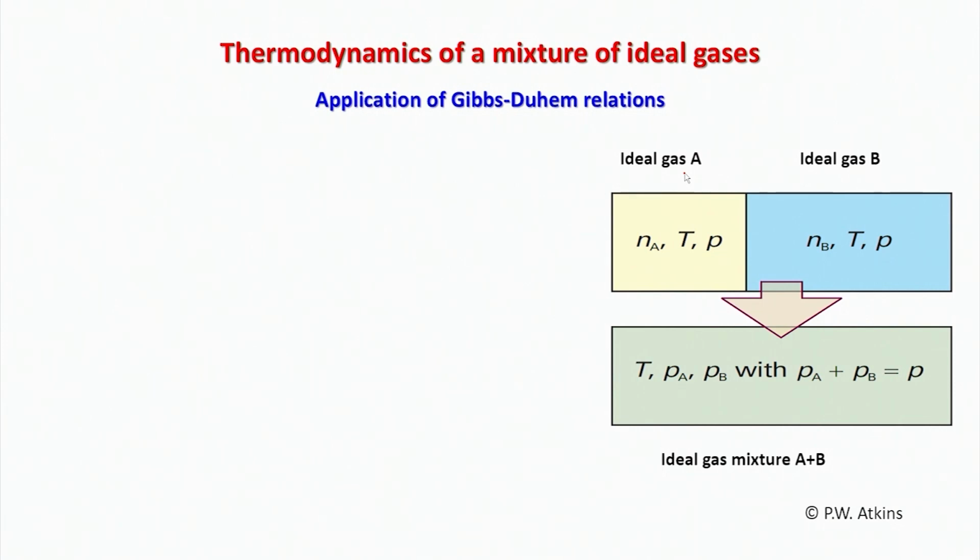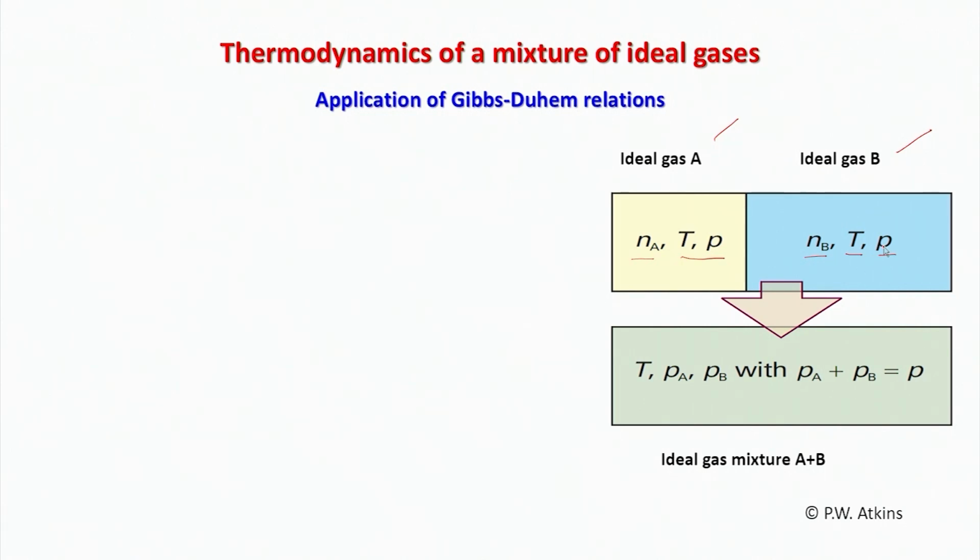Now, what I have here is a situation where I had the ideal gas A and the ideal gas B. So, in the initial equilibrium state, I had Na moles of the ideal gas A maintained at a temperature T and P, separate from the ideal gas B, which was also maintained at a given temperature T and P, but has Nb moles of it.